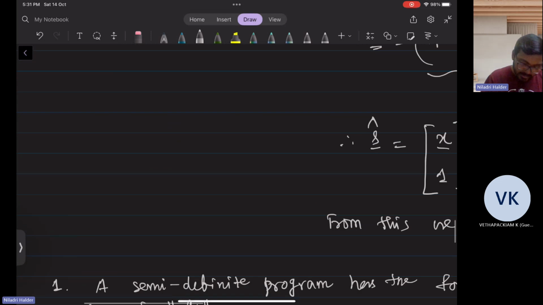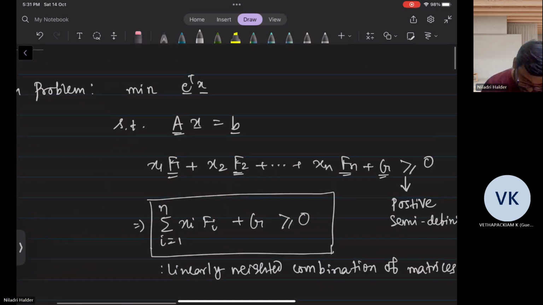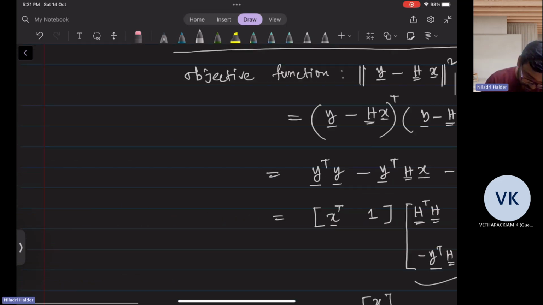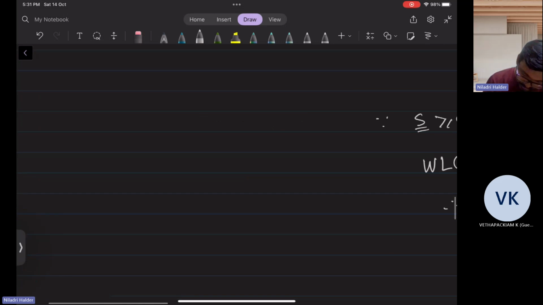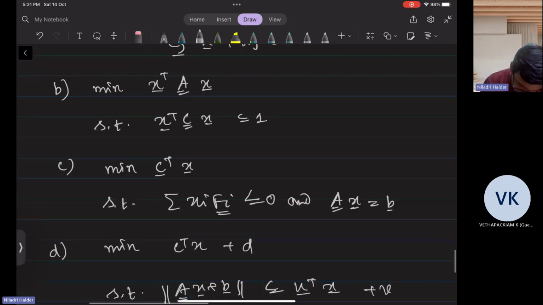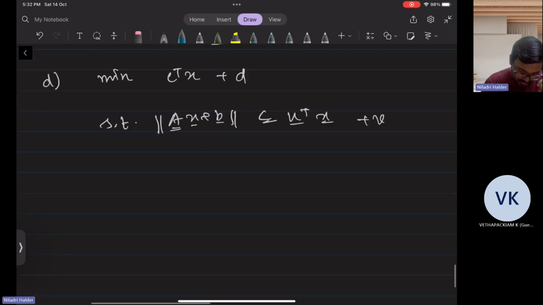So out of this you can see the definition of the SDP problem. Option C is obvious. Option C is correct, the same as this problem.